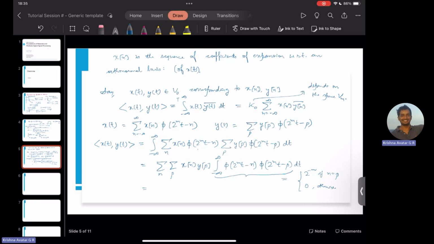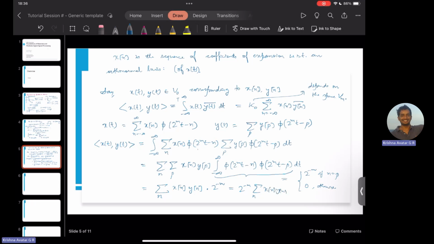So these two summations just combine to give one summation. Say we choose n as the dummy variable, and we have x_n, y_n into 2 to the power minus m. Recall that m is the indicator of the space, so we can bring it out and have just a single summation over n of x of n, y of n.